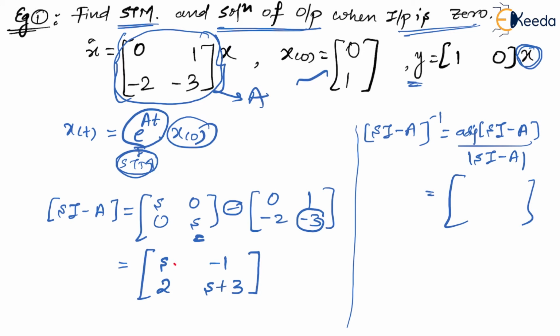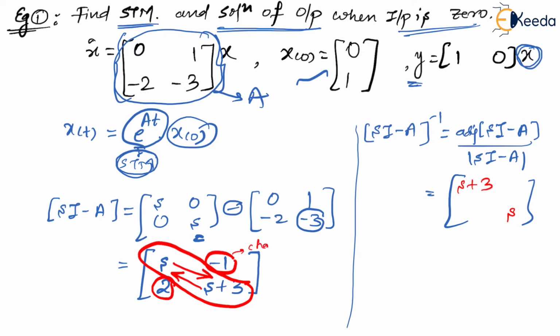We flip the diagonal elements and change the sign of the off-diagonal elements. So this becomes s plus 3 and this becomes s, and change the sign of the off-diagonal elements, so minus 1 becomes plus 1 and 2 becomes minus 2. That's all. This is the adjoint.